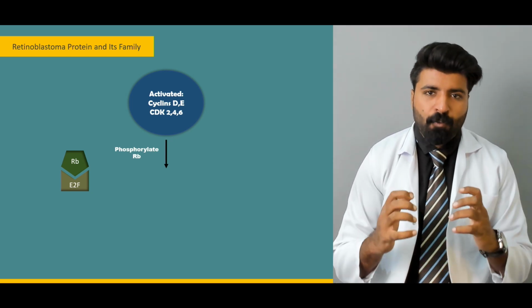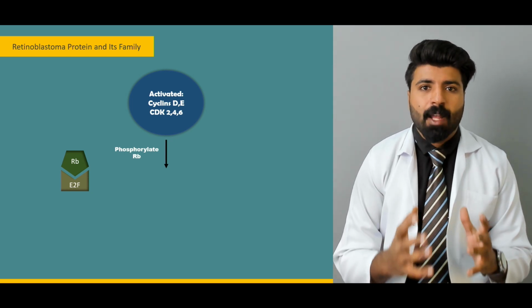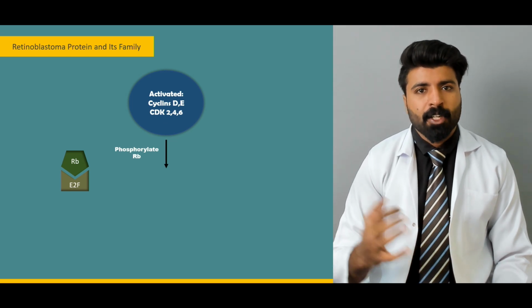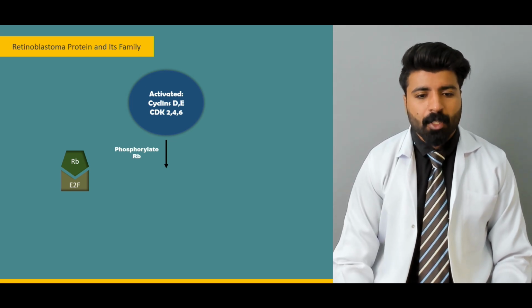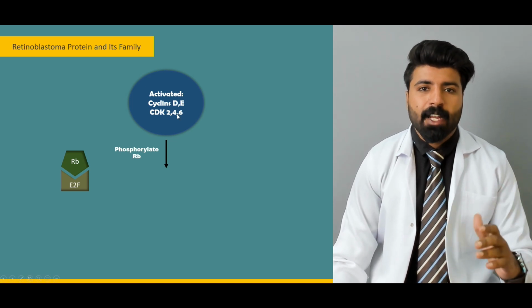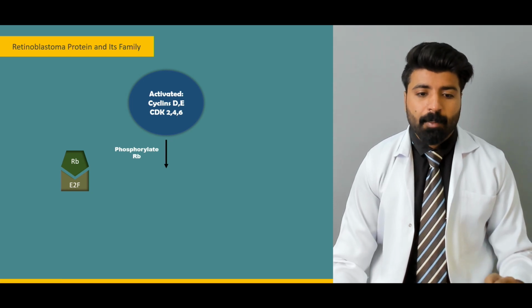When more and more phosphate groups are attached, when it becomes hyperphosphorylated, what happens? It lets go of the E2F, as its capacity is being used by phosphate groups. So these activated cyclins, D and E, carried by cyclin-dependent kinase 2, 4, and 6, come in and phosphorylate the retinoblastoma.